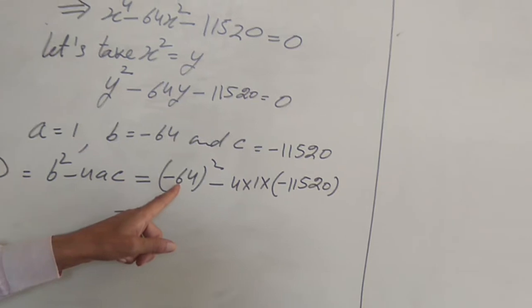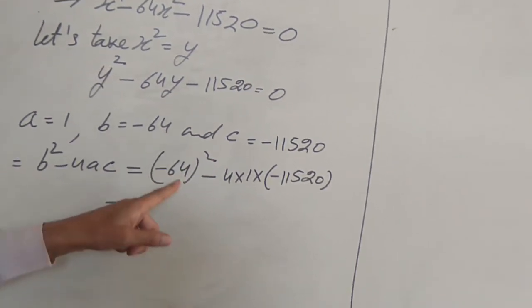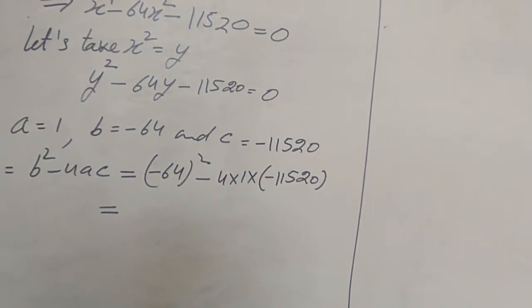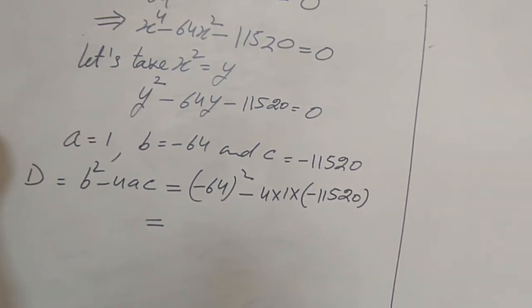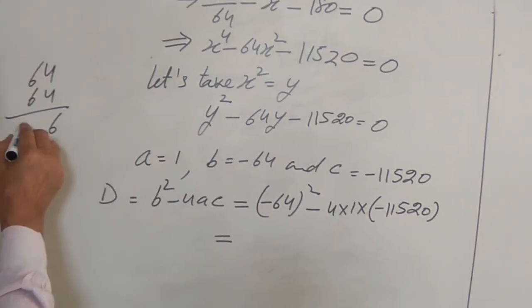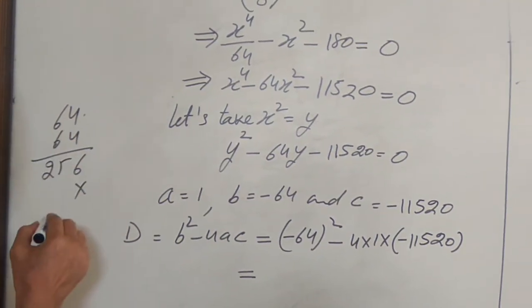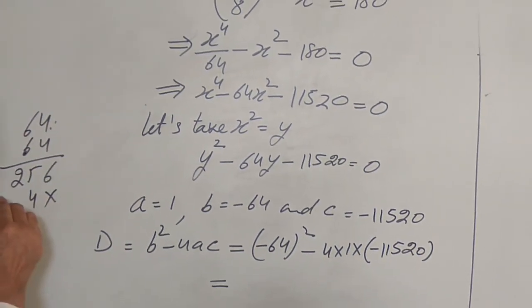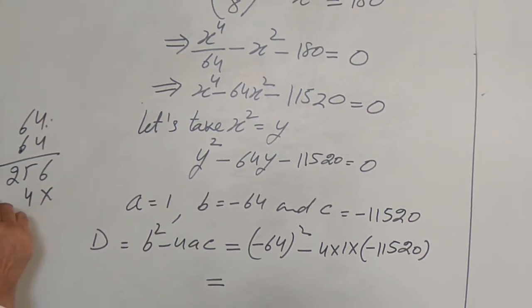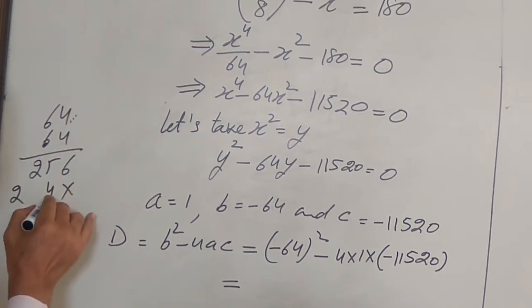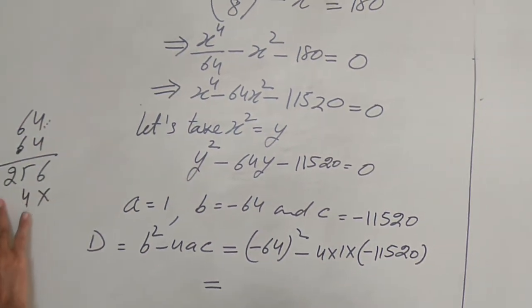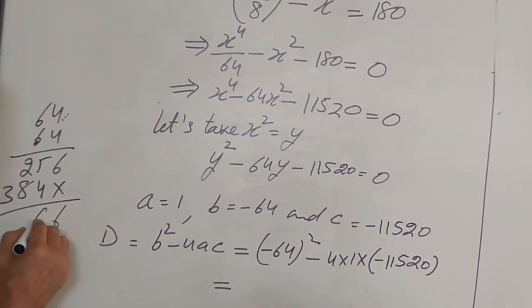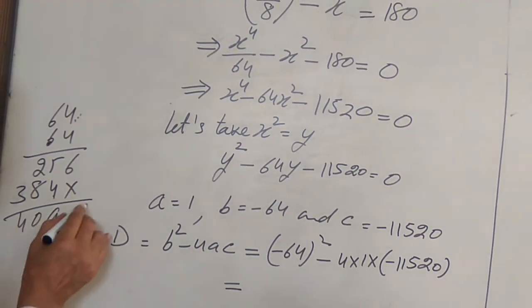Let's find out the square of 64. 64 multiplied by 64 will give you 4096.